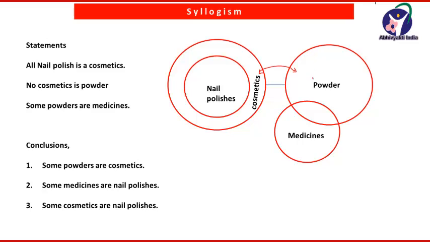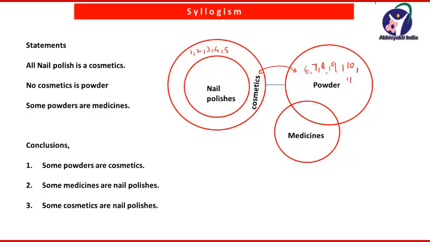Disjoint set means what? The elements of the powder set and the elements of the cosmetic set both are different. Suppose the elements of cosmetic are 1, 2, 3, 4, 5, then the elements of powder will be other than these 5 elements. It may be 6, 7, 8, 9, 10, 11 like that.